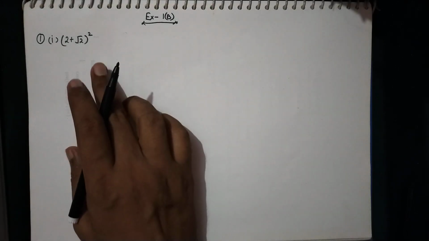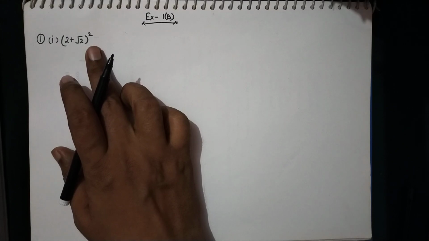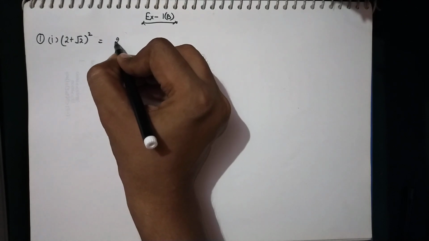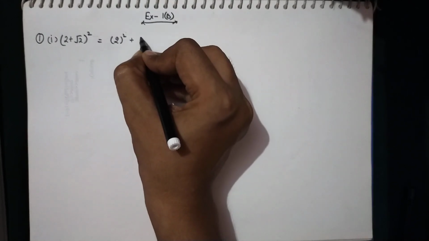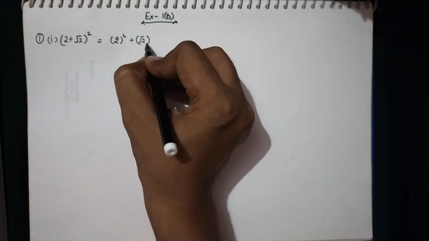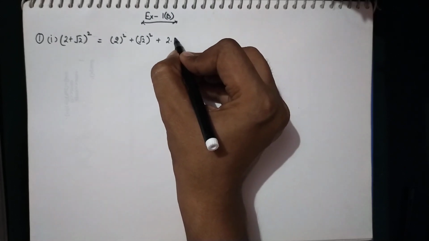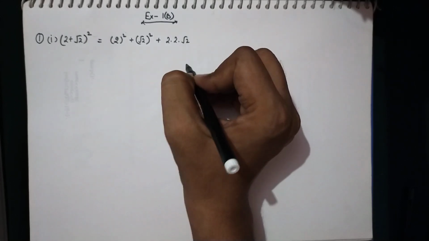We are having this in the first part, and now we have to use the algebraic identities which we have studied in 8th class, and here this is in the form of (a plus b) whole square. So this can be written as 2 to the whole square plus root 2 to the whole square plus 2 into 2 into root 2.